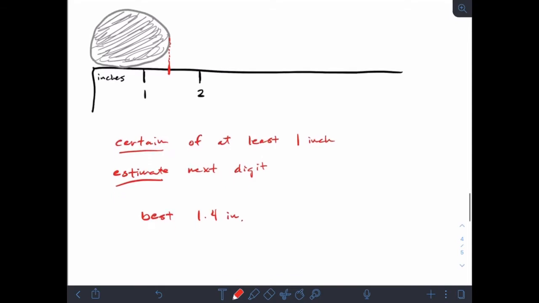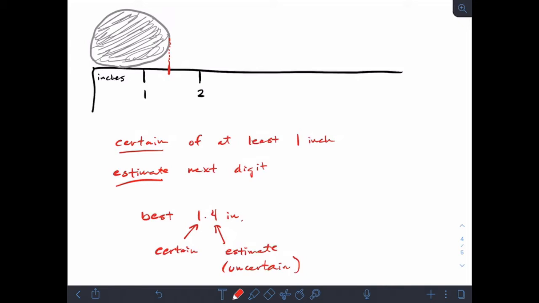Right, so thinking about what those numbers mean, that's my certain digit, and that's my estimate, or we can say uncertain digit. All measurements to the correct sig figs have one uncertain digit at the end.